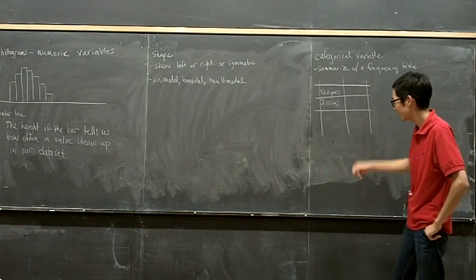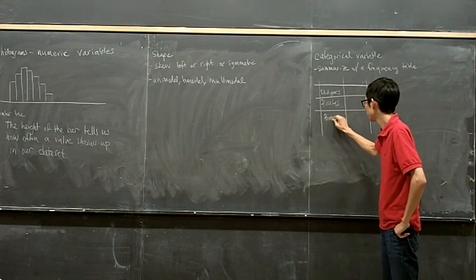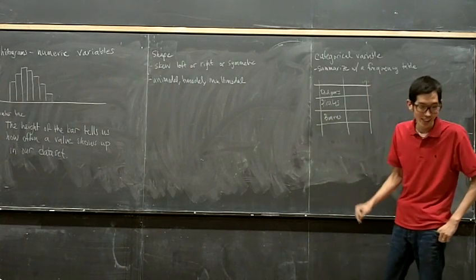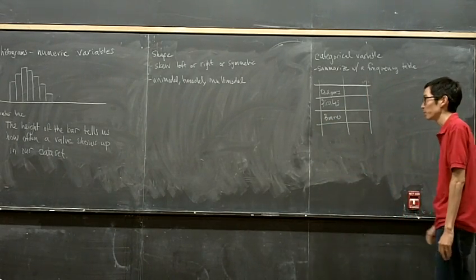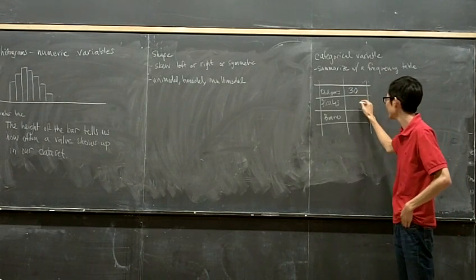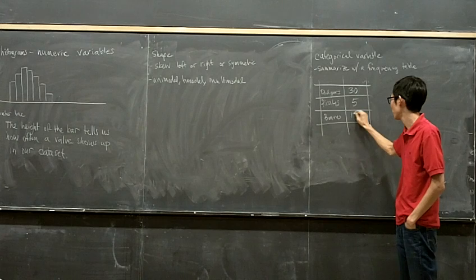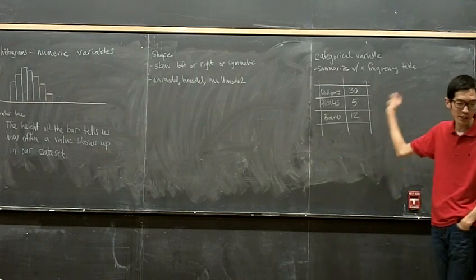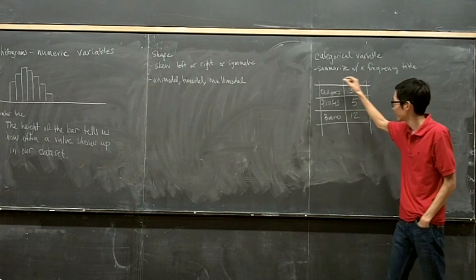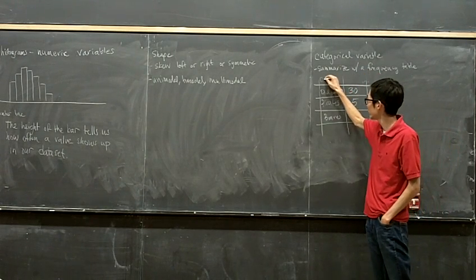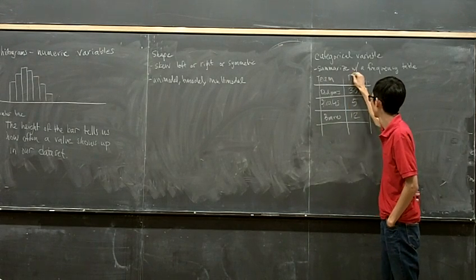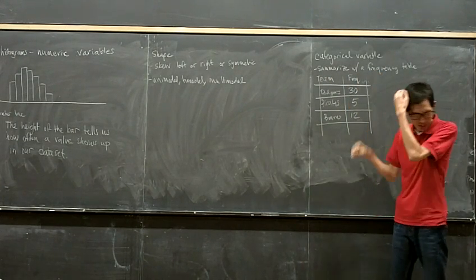So we go around and we get some numbers here. Let's say these are the only teams people are rooting for, and we get 30 and 5 and 12 here. I've just made up some numbers. So this is the category or the team, and the frequency.